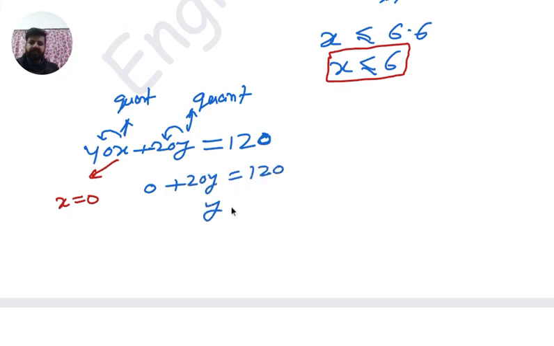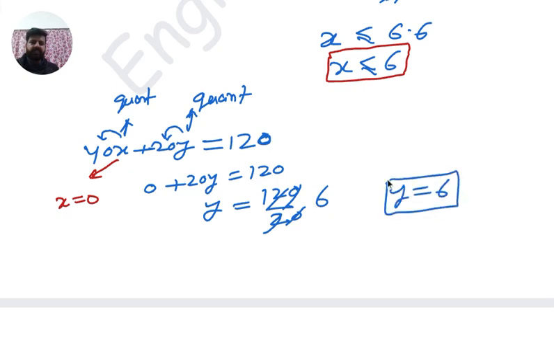So I will find y equals 120 by 20, and you will see that it is 6. So the value of y will be 6. If x equals 0, then y will be 6. So if I don't purchase this quantity, I will purchase the maximum number of the second quantity.